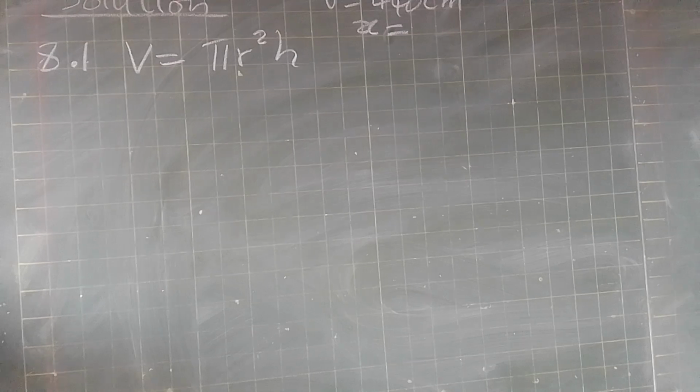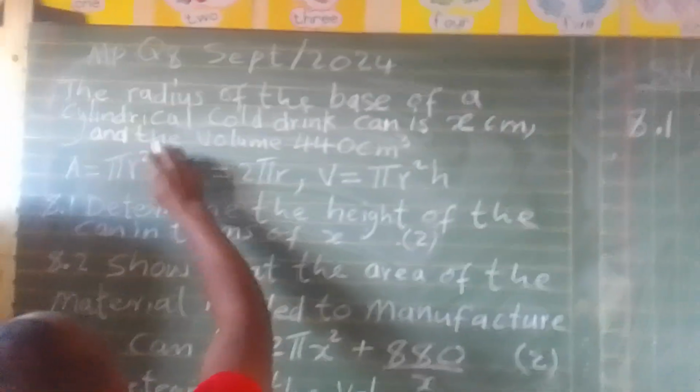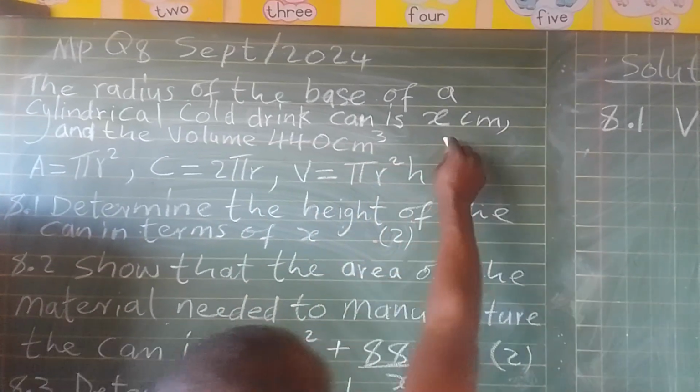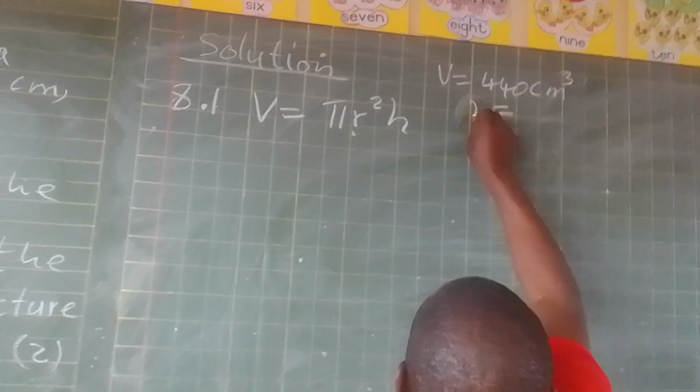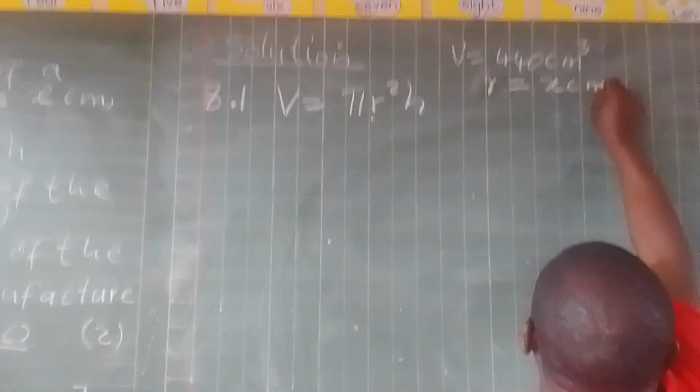They say the radius of the base of a cylindrical cold drink can is x centimeters, so r is equal to x centimeters.